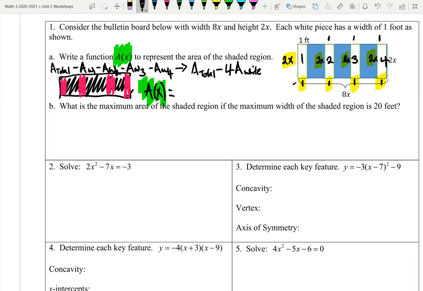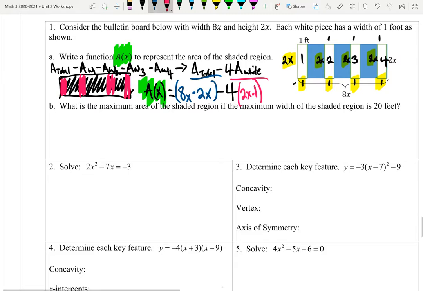Well, the total is 8x times 2x. And 2x times 1 is 2x.